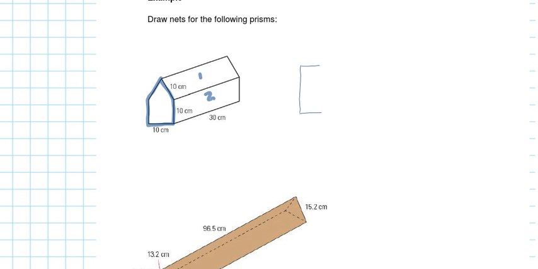Now, guys, eyes on me for a second because this is important. Not all the time do you get all the sides to be equal. In this case, this pentagon is actually a regular pentagon, so all the sides are equal to 10. Sometimes the height is not the same, or the base is not the same.